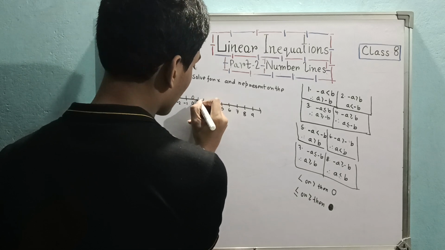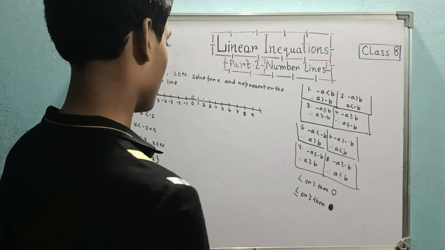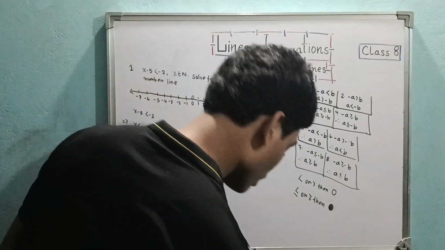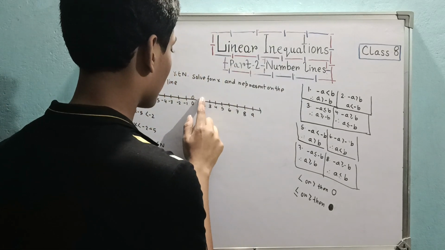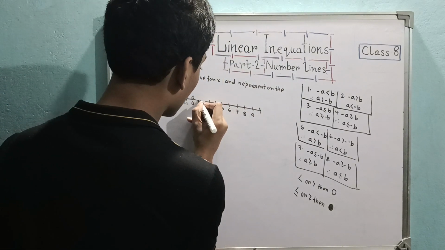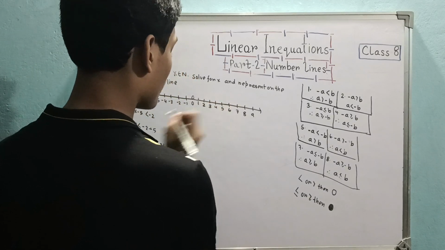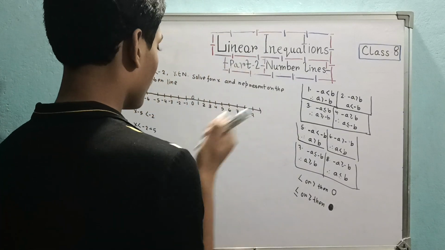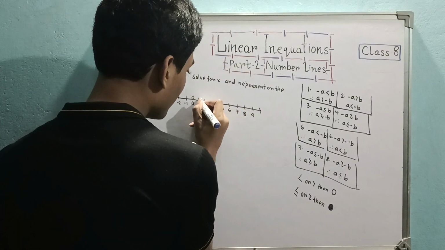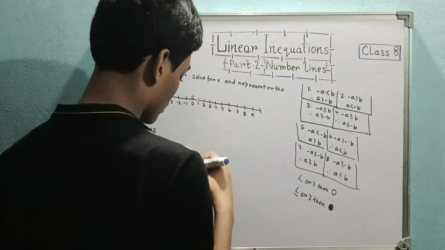Suppose this is 1 and this is 2. If you use some other color, then it turns clear for you. I'm using blue now for the marking. So we have to darken these two numbers like this.